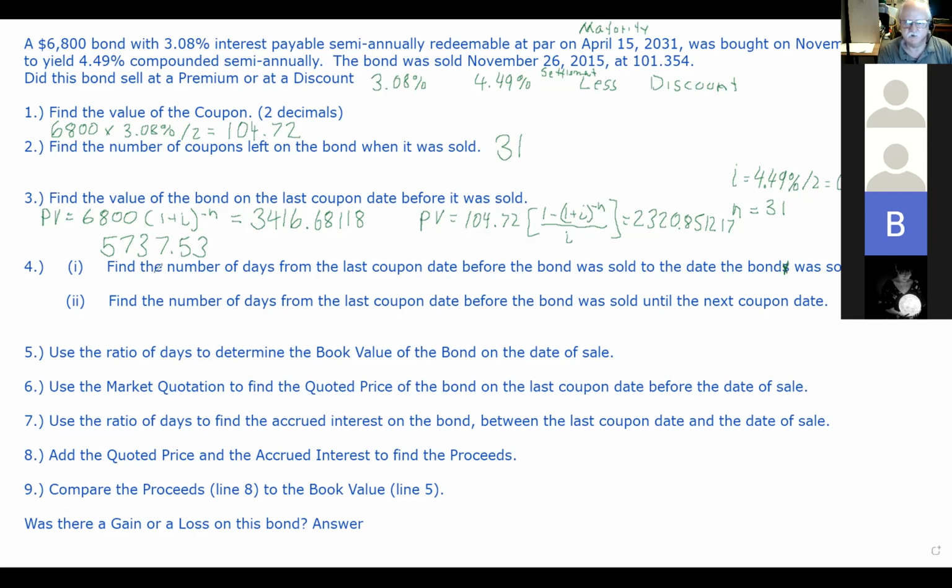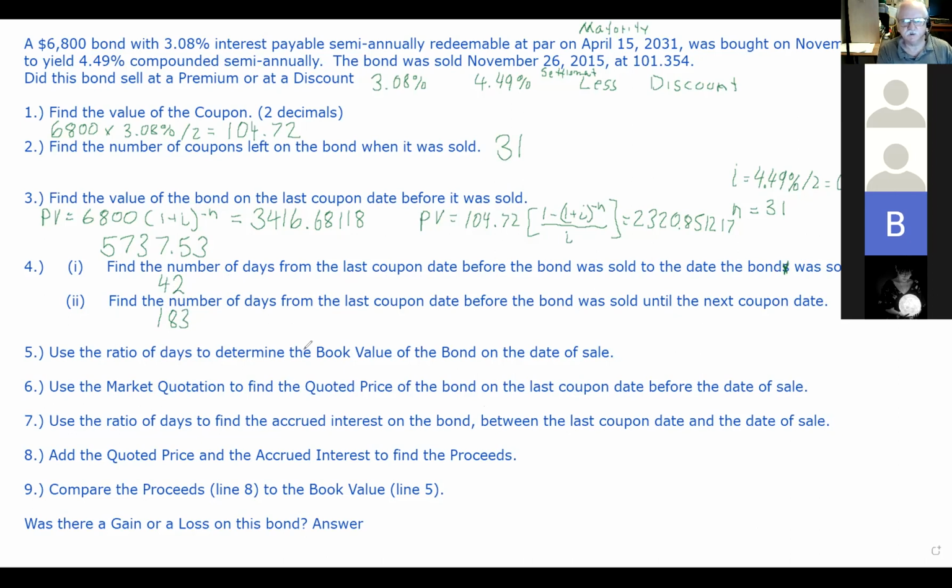So we found that number to be 42. And the number of days between the coupons, we found that to be 183.